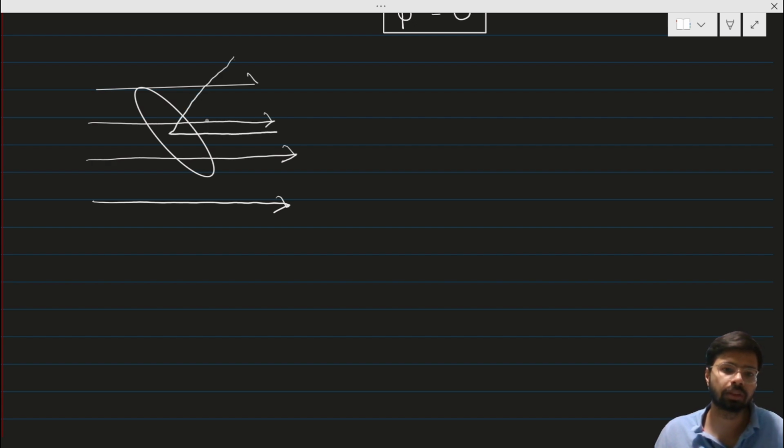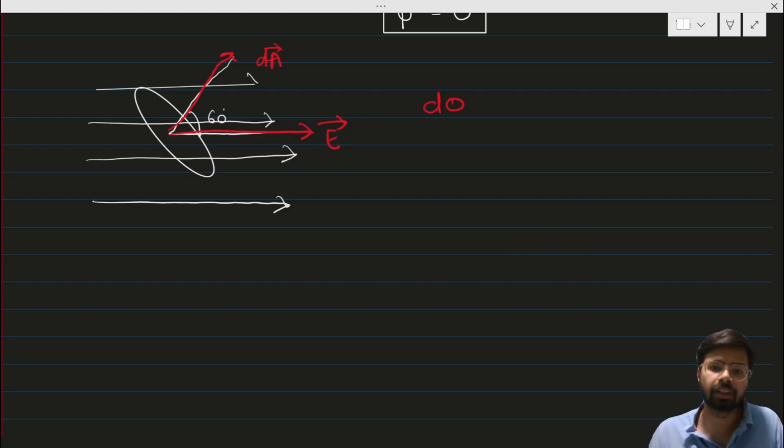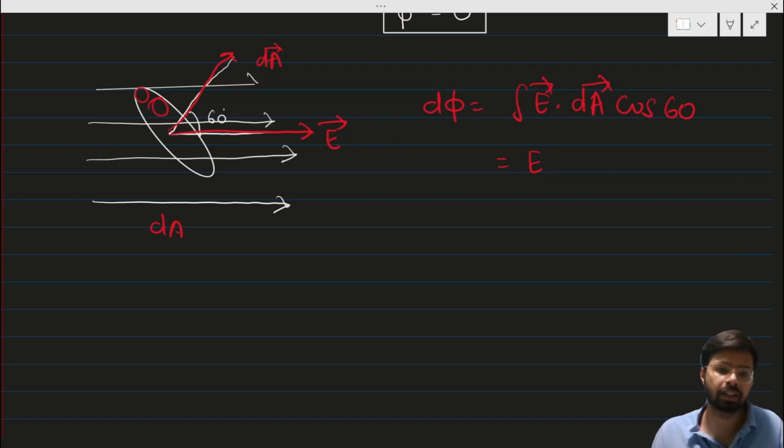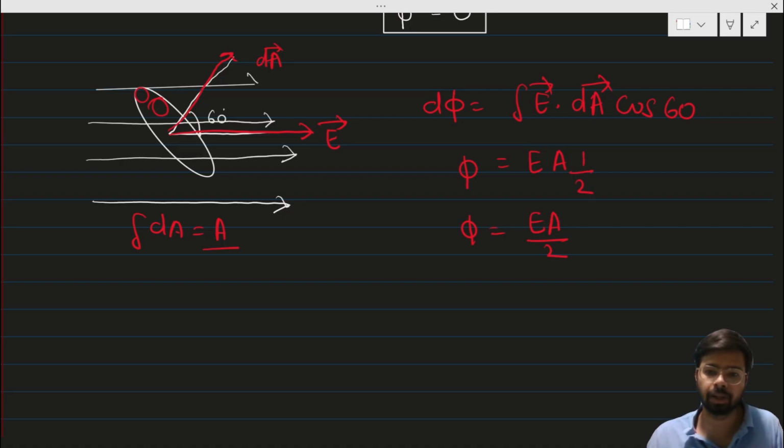Assume this is 60 degrees, this is the direction of the electric field, and this is the direction of dA. So flux d phi can be written as E vector dot dA vector cos 60 degrees. The electric field is constant E, and the small area element dA, upon integration, will give the total area A. So this is EA cos 60, and cos 60 is 1 by 2. So flux phi in this case is EA by 2.